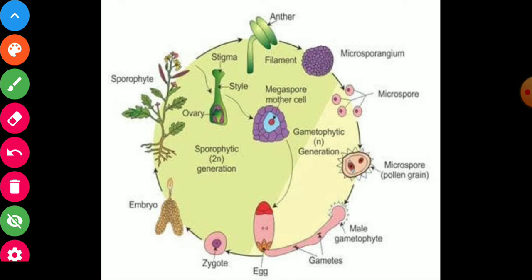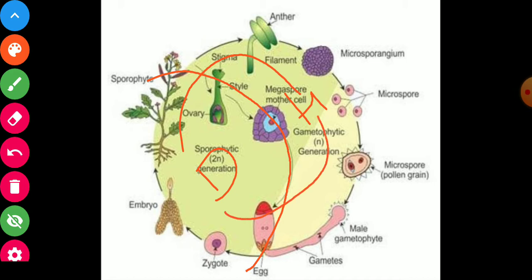Here, the life up to here is diploid, and this is haploid, this is diploid. So diploid gives rise to haploid and haploid gives rise to diploid life. This is called alternation of generation.